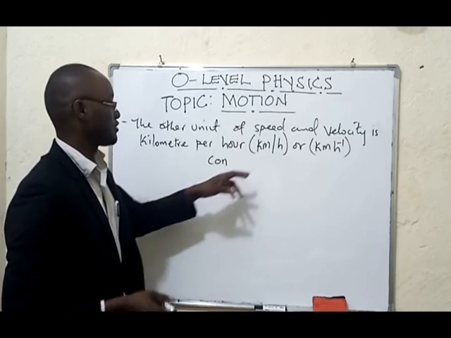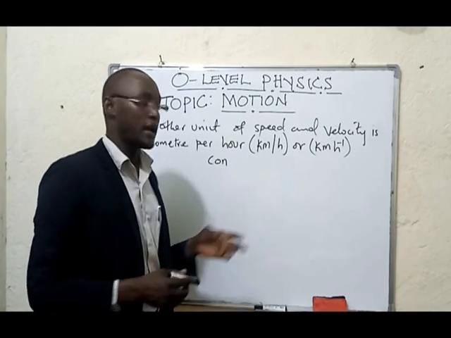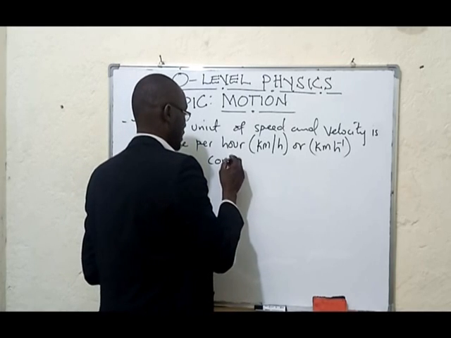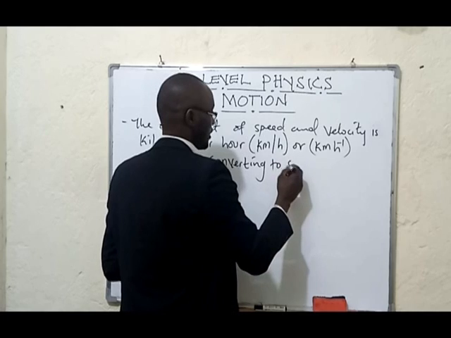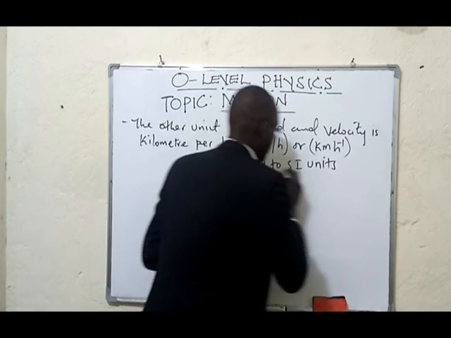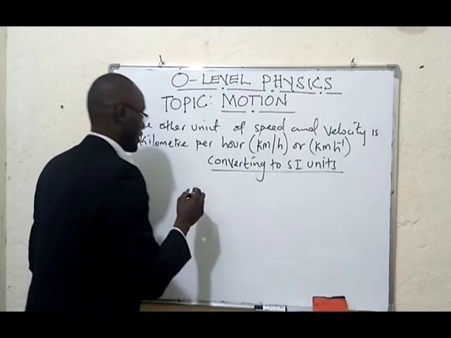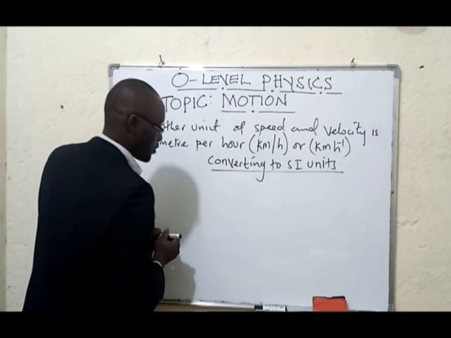If speed or velocity is given in kilometers per hour, students cannot convert to SI units. So converting to SI units is our small subtopic. And this takes us to an example, and from there we shall get an exercise for you.